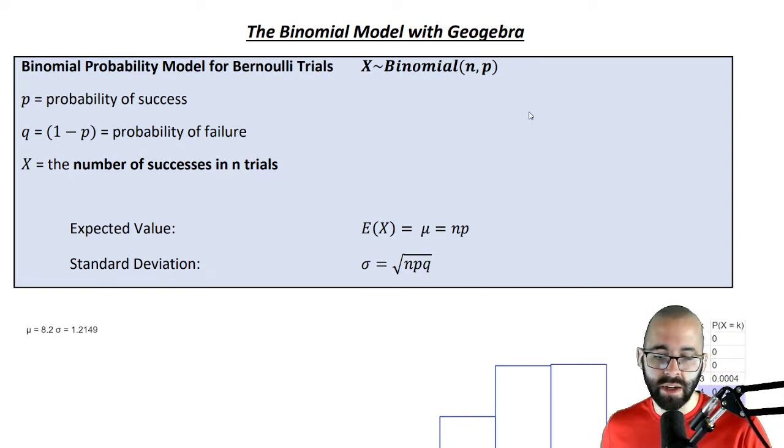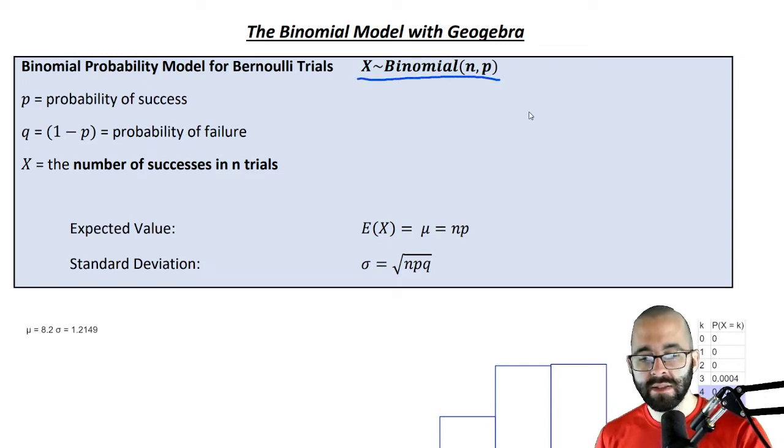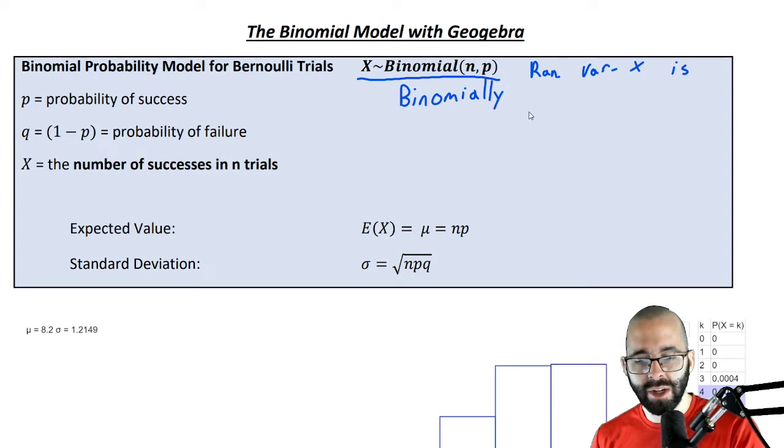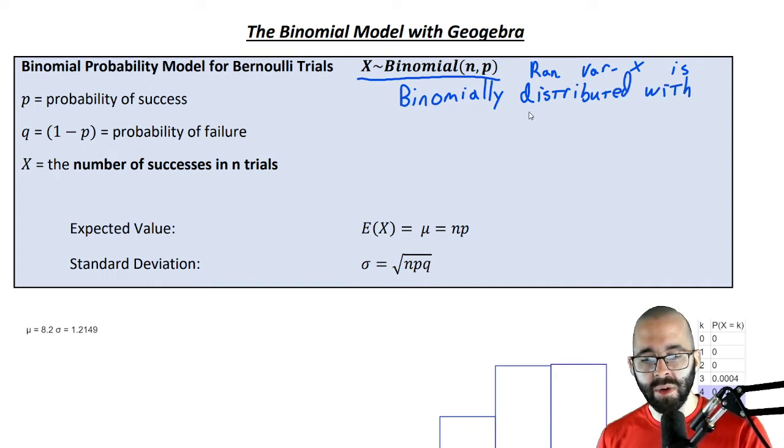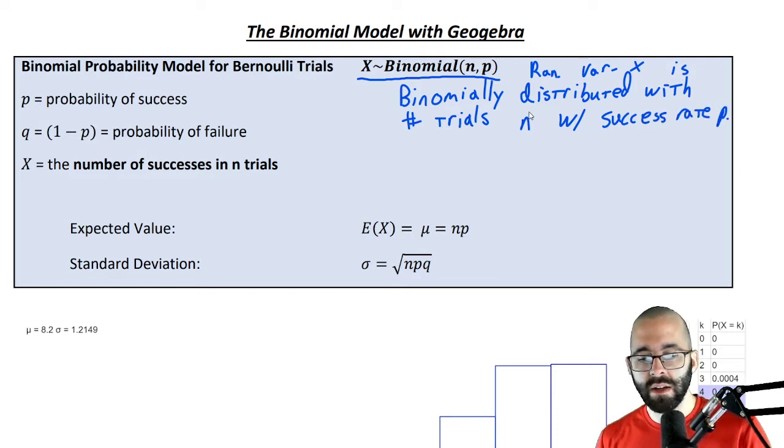So let's talk about some notation. This means right here that the random variable X is distributed binomially. It sounds weird, binomially distributed, like a binomial, with number of trials n, or n trials, so n free throws in the previous example, with success rate p.